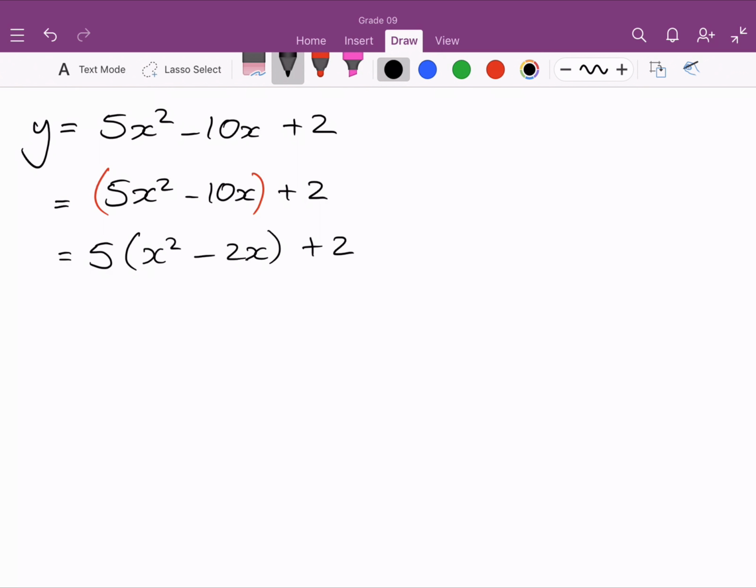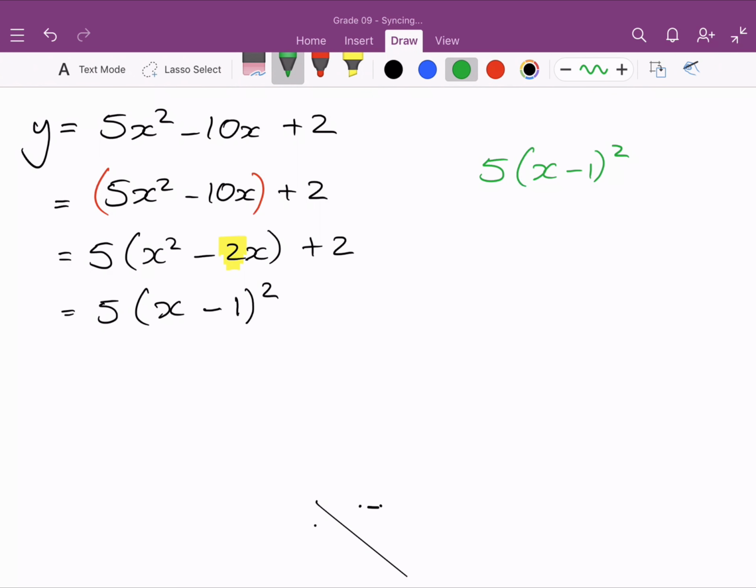We can now write as 5, and we can go x minus, and remember we half the number that is in front of the x, and that number is 2, so that becomes 1 squared. So let's take over to the right-hand side, 5 times x minus 1 squared. So we want to multiply this out, x minus 1 times x minus 1. So we have 5. And x times x is x squared.